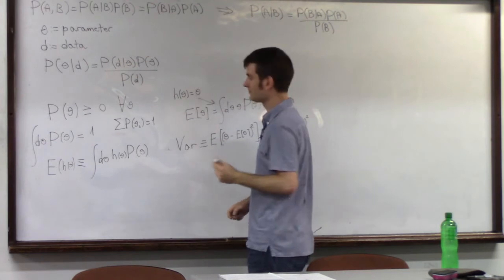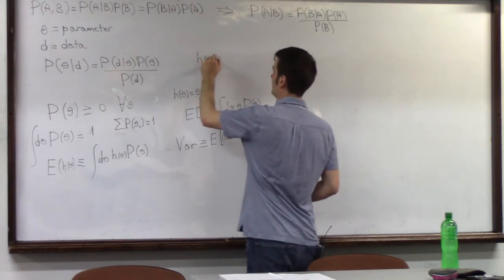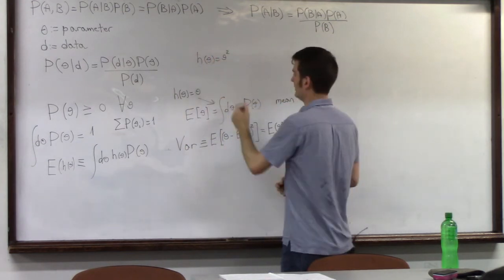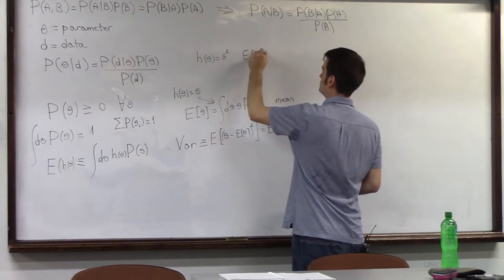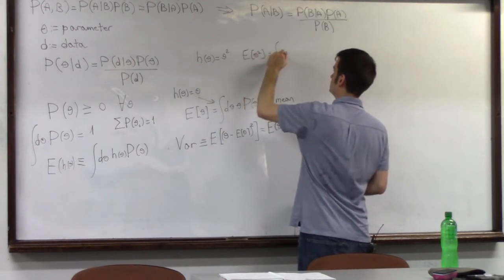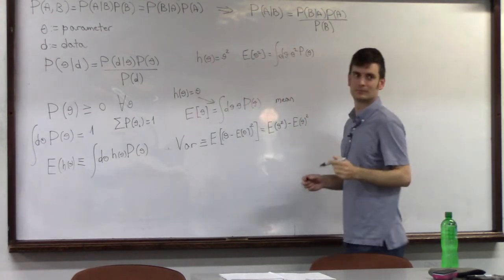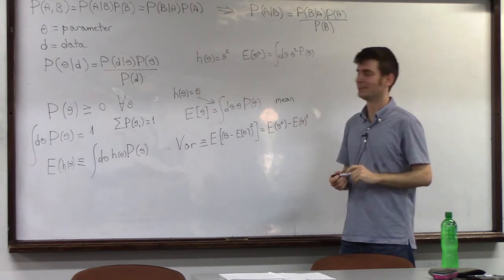But you could say h of theta equals theta squared, and then... Is it an arbitrary function, or could it have a meaning eventually?